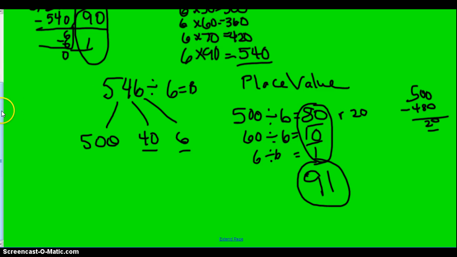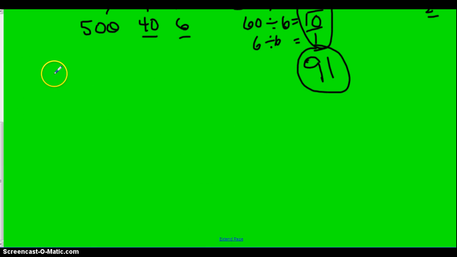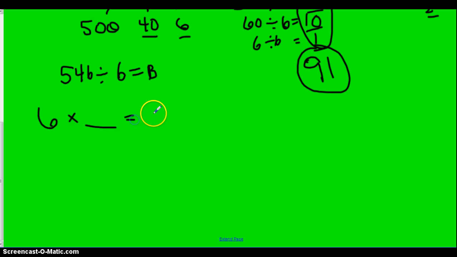Last is our multiplication. If we looked at 546 divided by 6, we're just reversing. So we're seeing 6 times what would get me as close as I can, or right to 546.